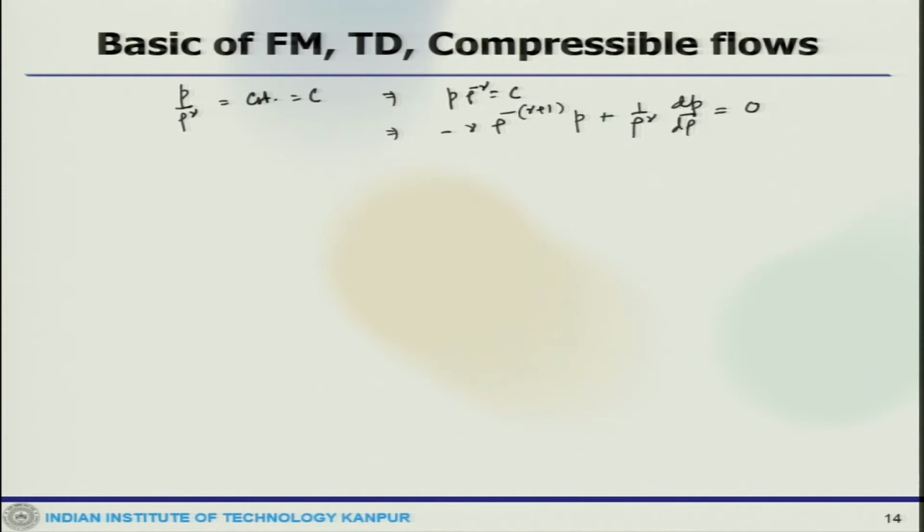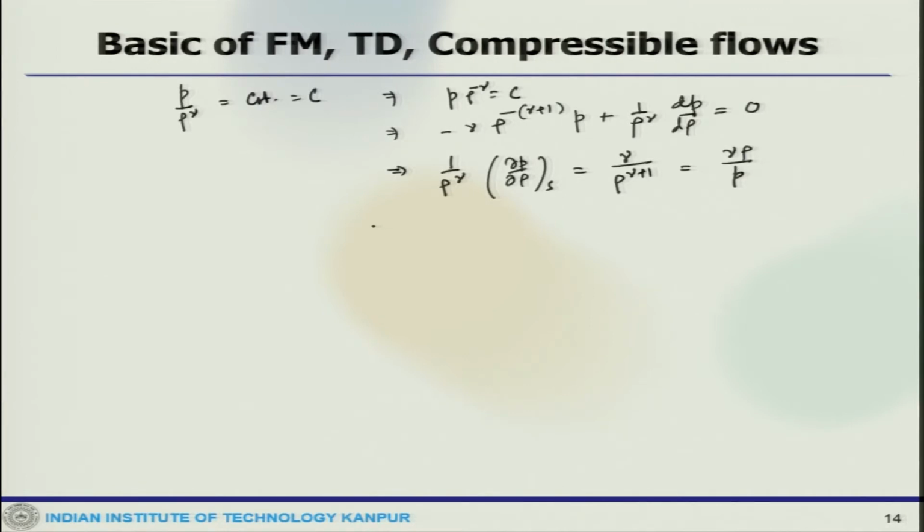So, what I get is 1 by rho to the power gamma del P by del rho at constant S equals gamma by rho to the power gamma plus 1, which is gamma rho by P.